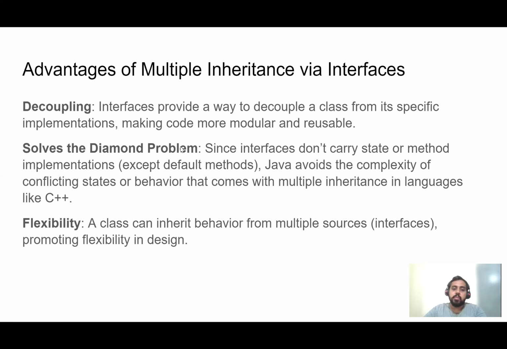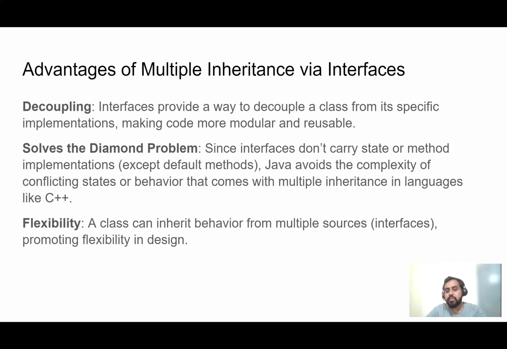And it solves a different problem. In the case of classes, if two classes have the same method and a child class extends both parent classes, there will be an ambiguity, because with classes, the child class can override, or even if we don't override, all the properties of the parent classes will be automatically inherited.